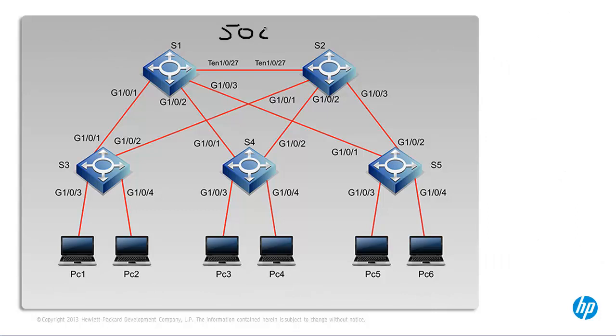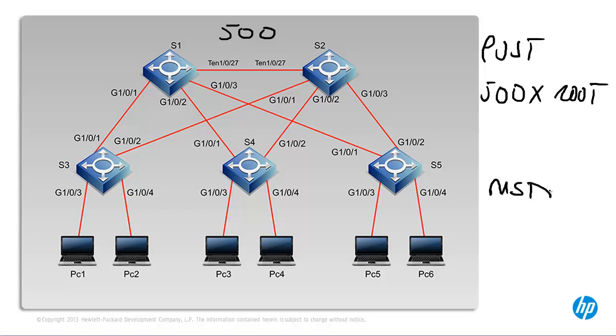If this topology had 500 VLANs, PVST would have 500 roots. Multiple spanning tree, on the other hand, only has 3 roots. We made switch 1 the root for instance 1. We made switch 2 the root for instance 2. There's a built-in instance 0, called the internal spanning tree, which takes care of all the other VLANs that you haven't associated with instances.